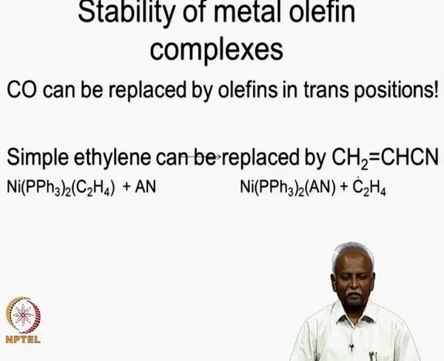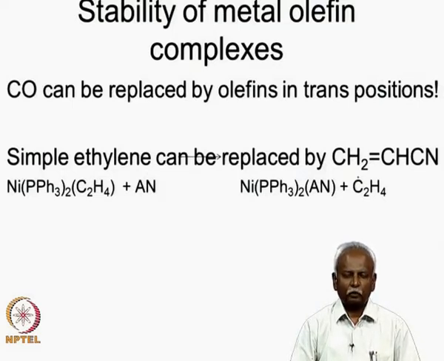So, a second example that I told you about is the replacement of an ethylene with acrylonitrile, and acrylonitrile, because of its greater pi accepting property, also can replace a simple ethylene.